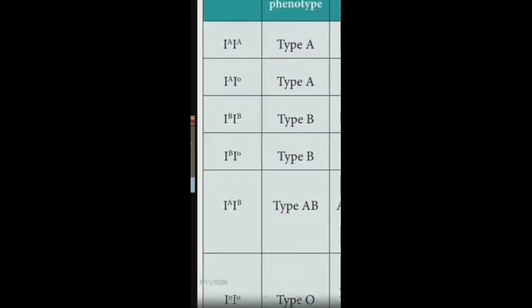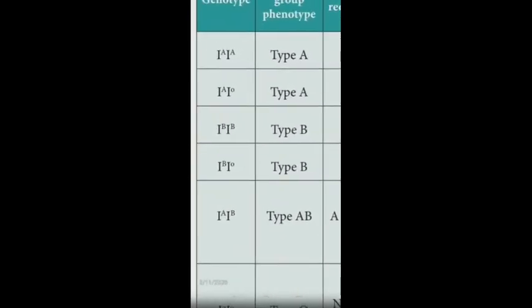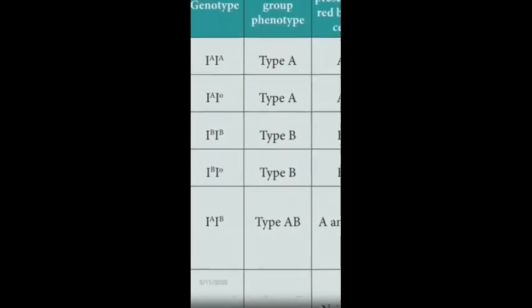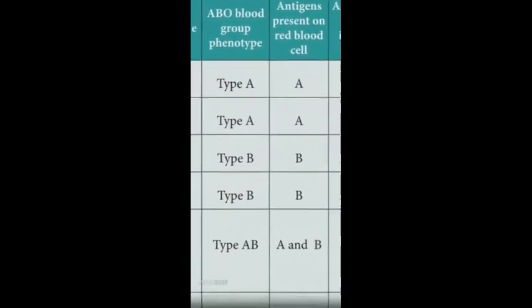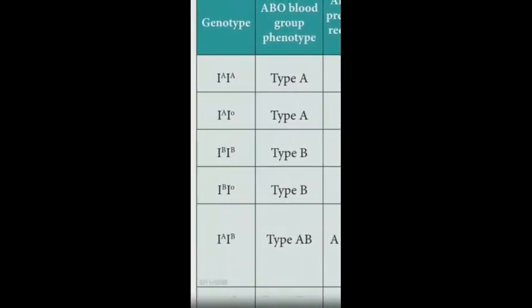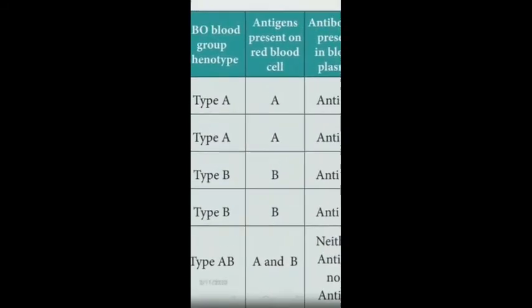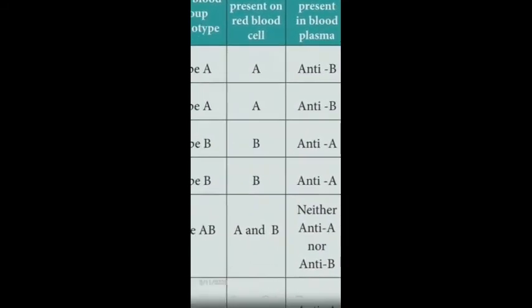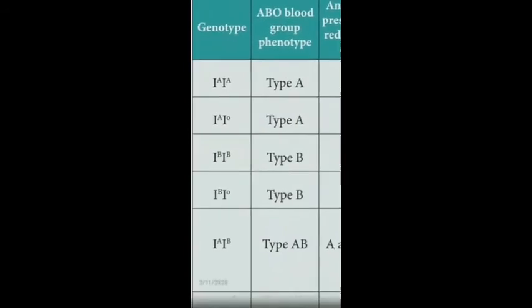These are the 6 genotypes of the ABO blood group. And there are 4 types of blood groups: blood group A, blood group B, blood group AB, and blood group O. These are the 4 possible blood types.